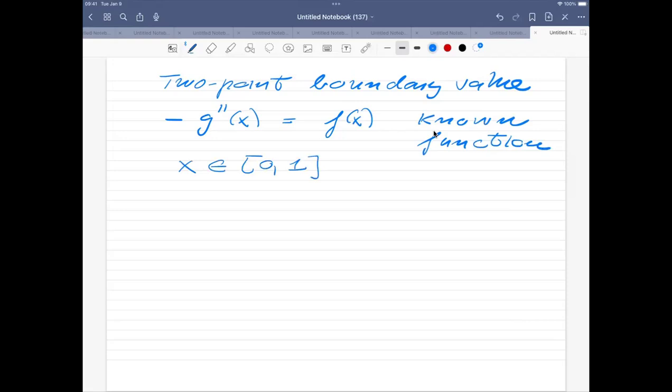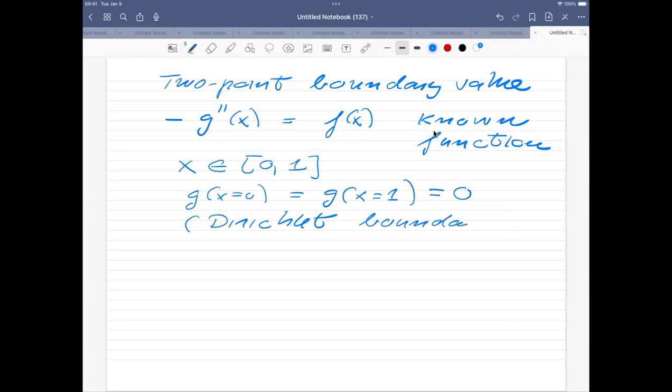And in this specific case, we can now define x to live between 0 and 1. And since this is a 2-point boundary value problem, what we are saying now is that g of x equals 0 and g of x equals 1, the 2 endpoints, we just put the solution to 0. So this is normally called a Dirichlet boundary condition when we have constant values at the endpoints.